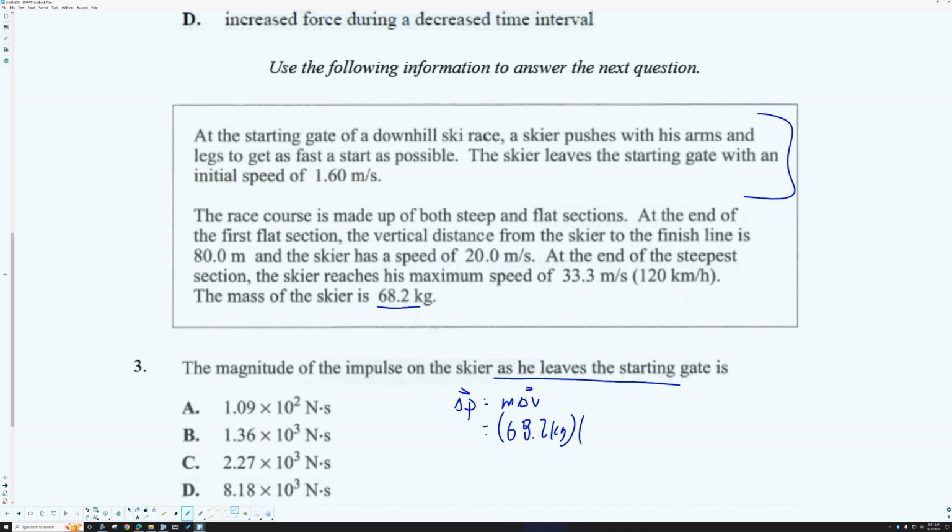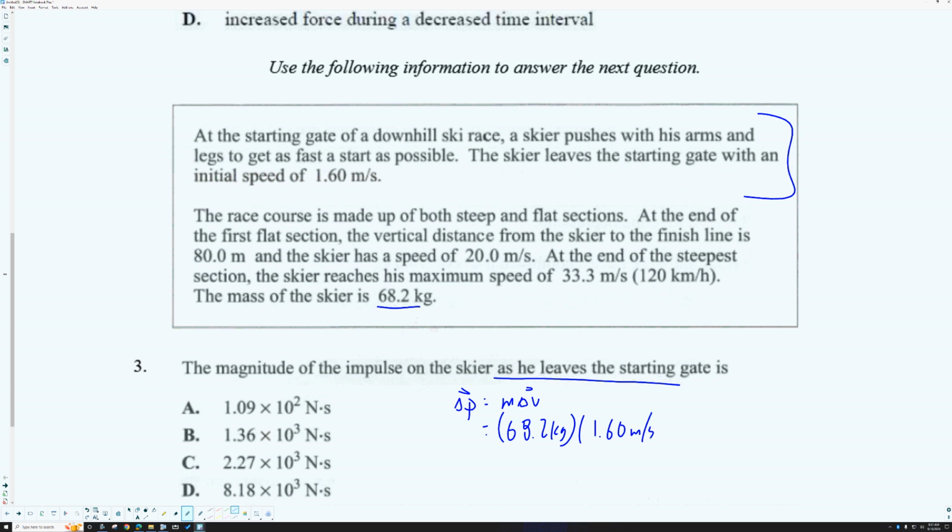And then we say delta V is VF minus VI. What's VF? Part of the reason that I gave you this particular question was to point out to you that sometimes the wording of a question can trick us.